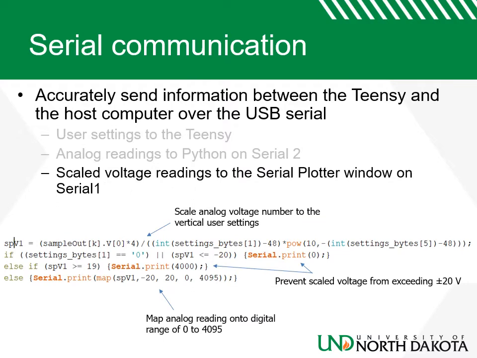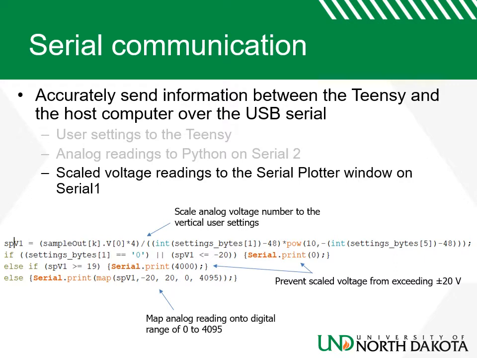The final serial communication was to send the captured data points to the serial plotter on serial 1. It's the main data line between the Teensy and the computer. So there are a couple of formatting things to have this emulate an oscilloscope screen. First, to scale the analog voltage number to the vertical user settings that have come in from the GUI.